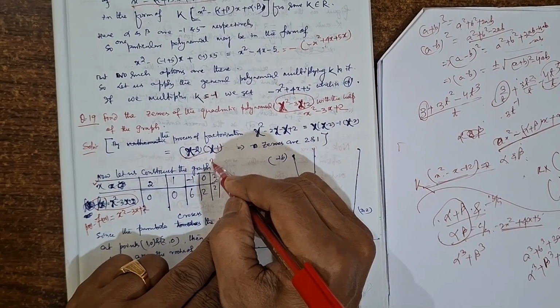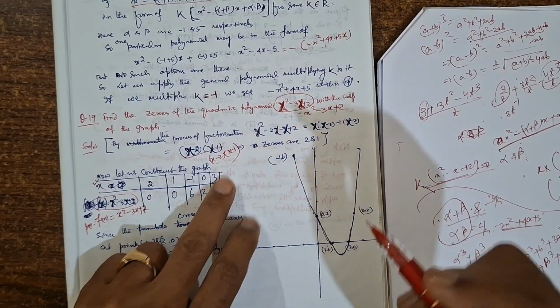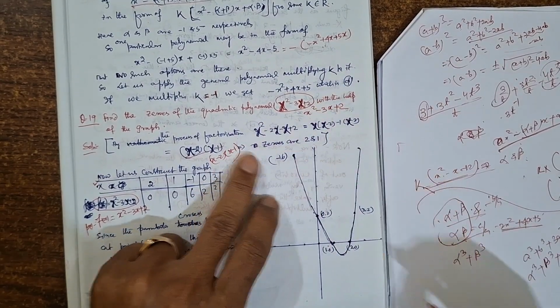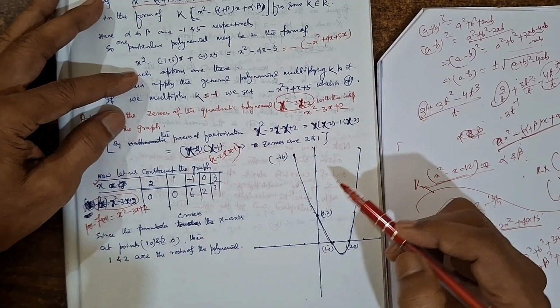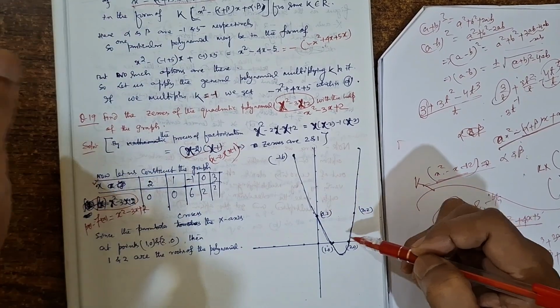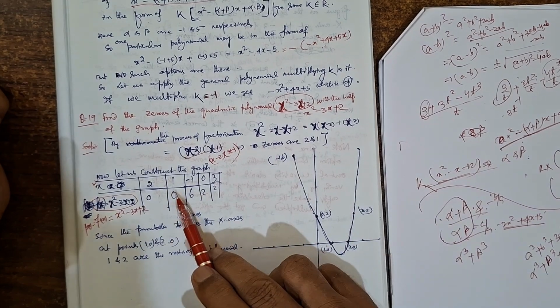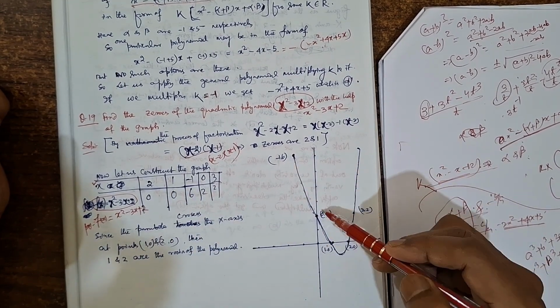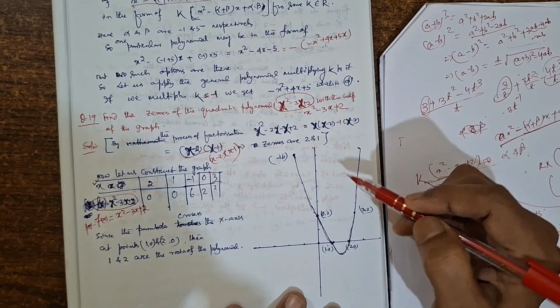This is (x minus 2)(x minus 1) is equal to 0. The zeros are 2 and 1. As I have told you, instead of 2 or 3 or 4 points, you take 5 points: 1, 2, 3, 4, 5.